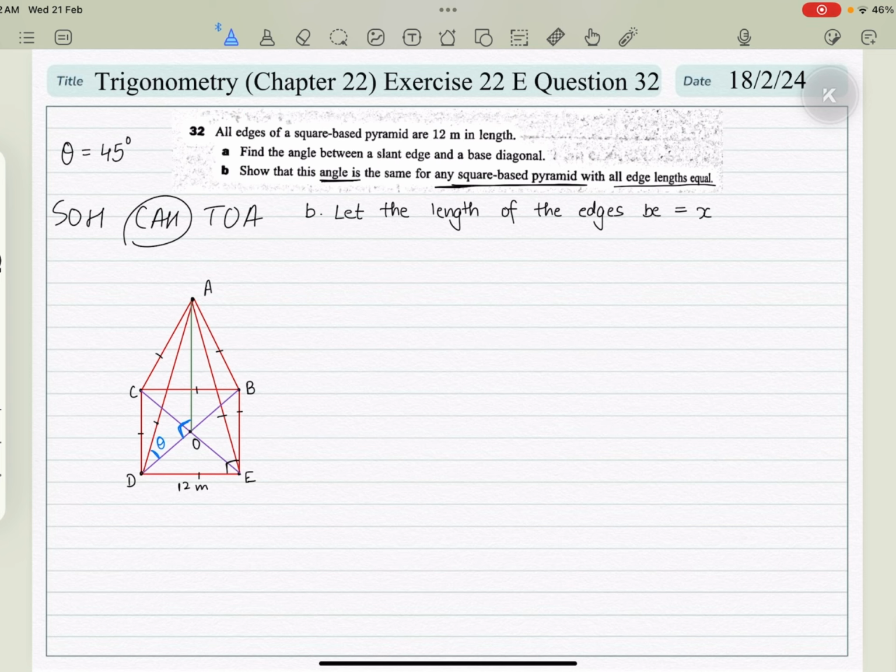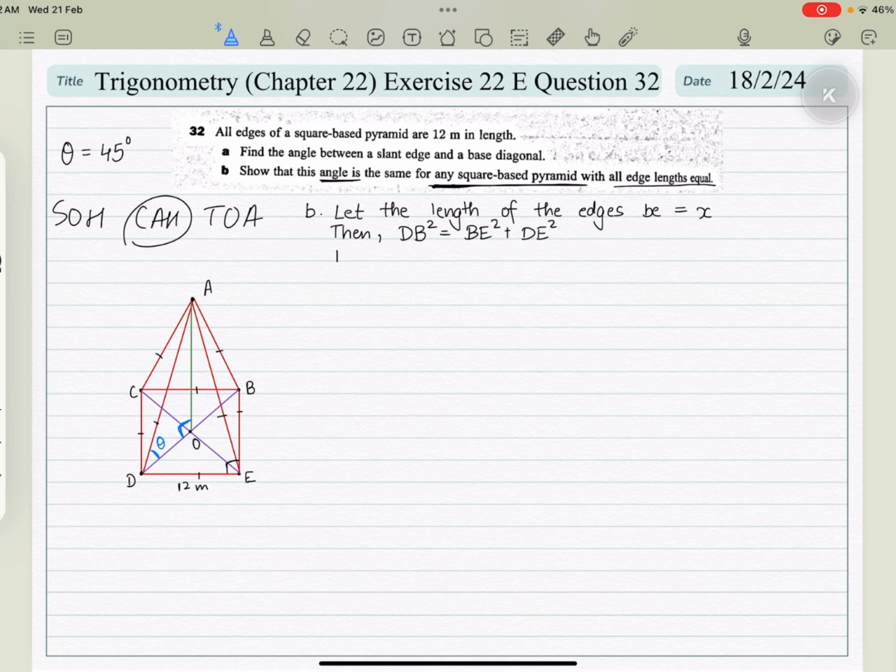Because we said for any, not for specific. So when we say that it's x, we can solve that. Then we can say that DB square is equal to DE square plus BE square.